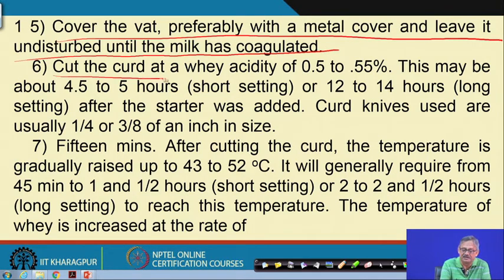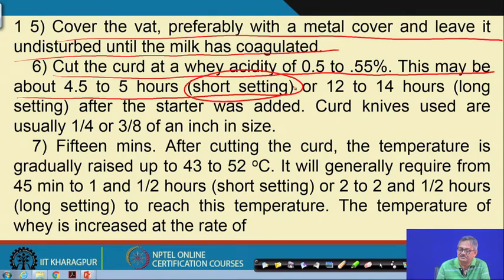Cut the curd at a whey acidity of 0.5 to 0.55%, and this may be about 4.5 to 5 hours for short setting, or 12 to 14 hours for long setting. After the starter was added, the time is measured.